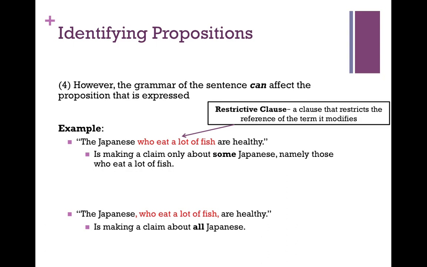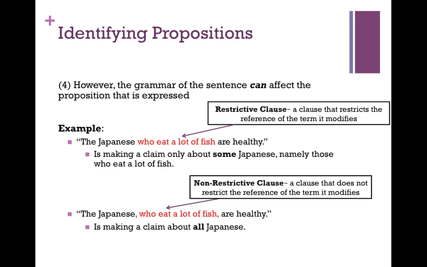The phrase I have in red up here, who eat a lot of fish, in the first sentence is what's called a restrictive clause, because it's restricting the reference of who we're talking about. We're not talking about all Japanese people. We're talking about specifically those who eat a lot of fish.